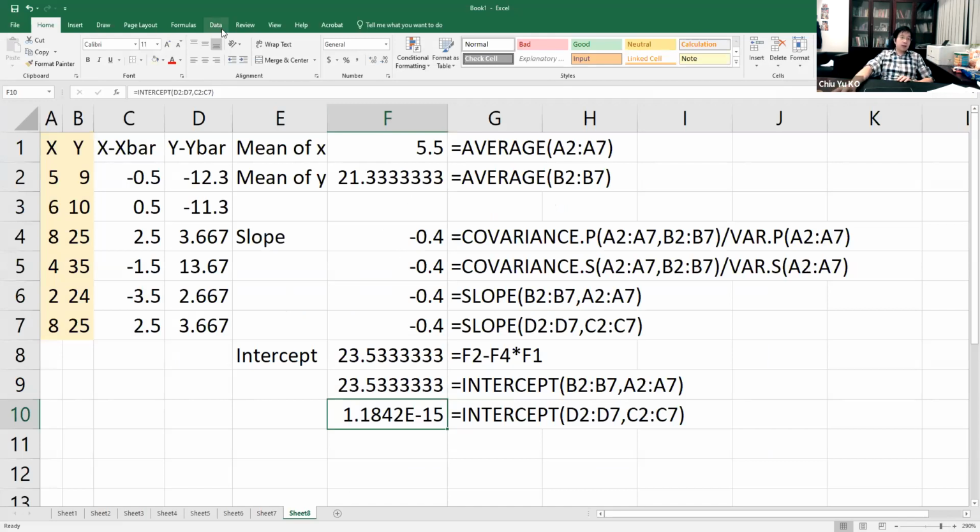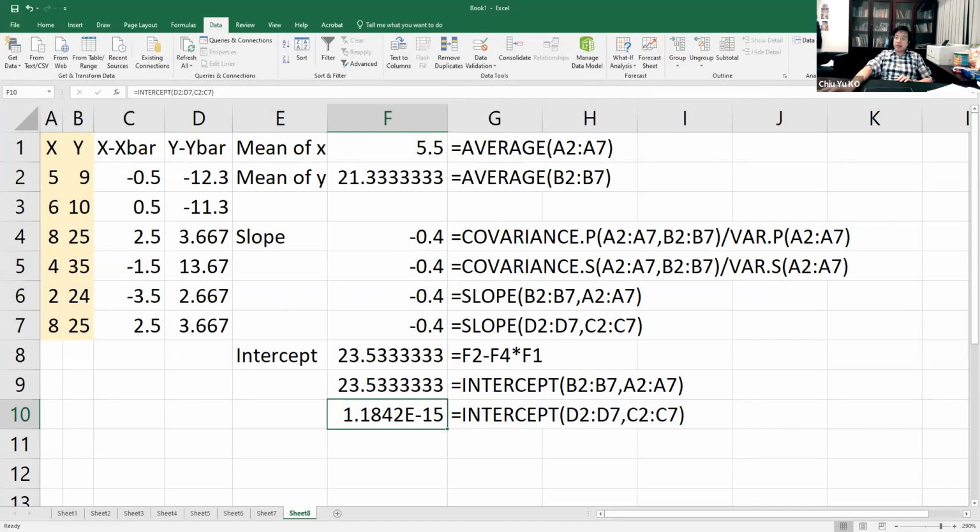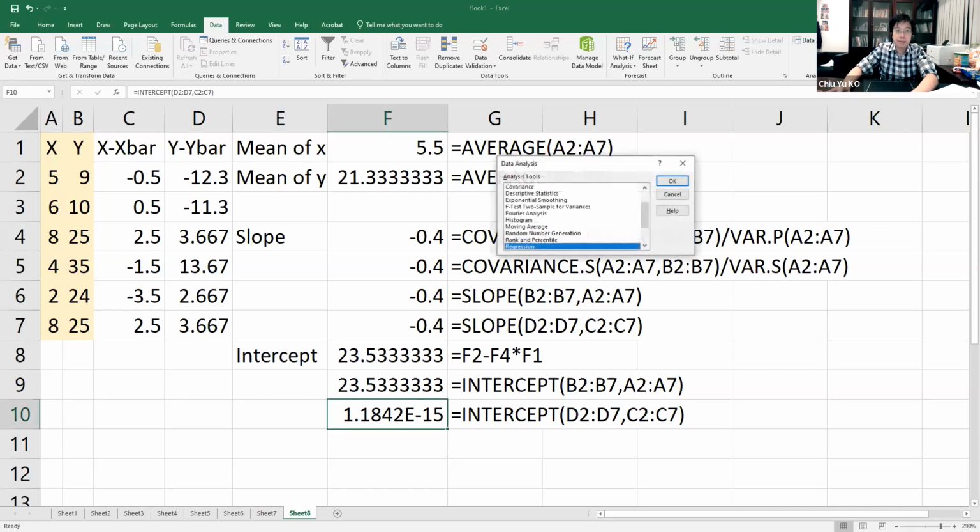So the good thing here is there's an Excel add-in, the data analysis. Data analysis has easy calculation for regression. So please go to Excel, go to Data and Data Analysis. Okay, so see it when you click this one. Can you see my Excel?